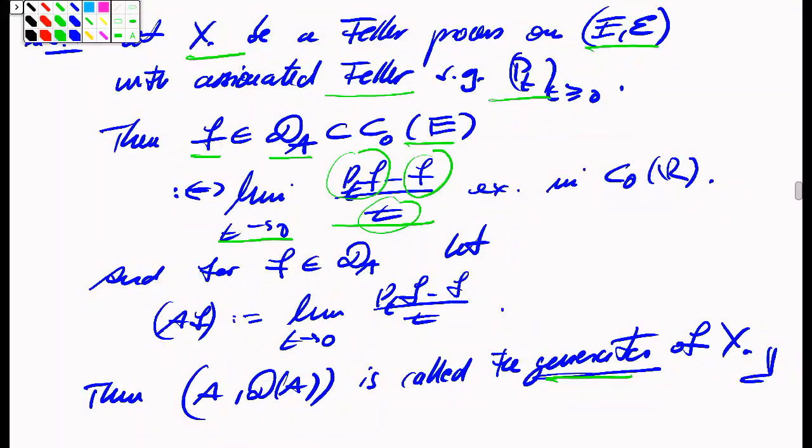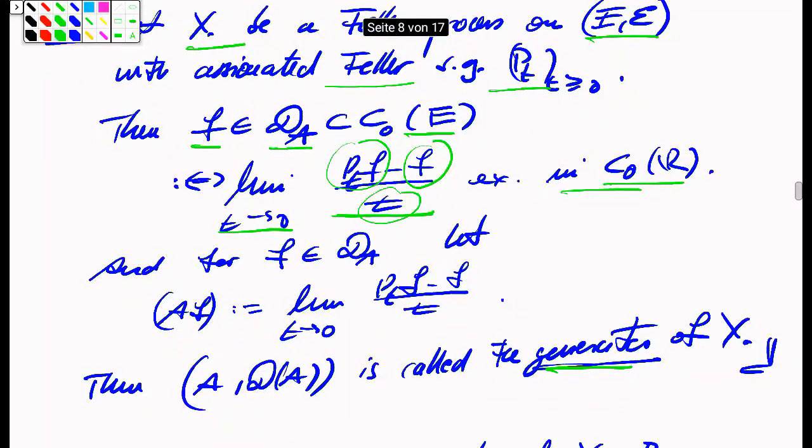If that limit, as a limit of functions in the space of continuous functions vanishing at infinity, exists as a limit with respect to the topology of uniform convergence, then we say that this function belongs to the domain D(A), the domain of definition of the operator A. And in this case, the operator A is in fact defined to be the limit.